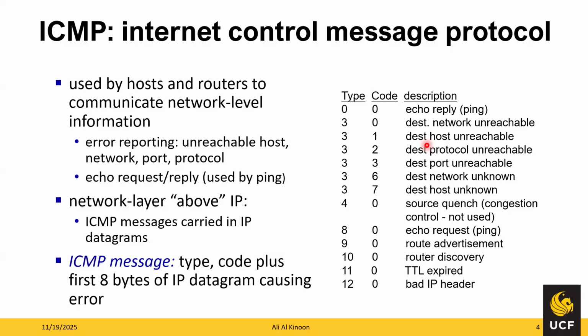So that is something being unreachable. Type 11 here is where the time to live has expired. And this is used by traceroute to map each hop. We'll talk about the difference between ping and traceroute as well. Type 12 here has code 0, and indicates there's a bad IP header and tells the receiving device the original packet was malformed.